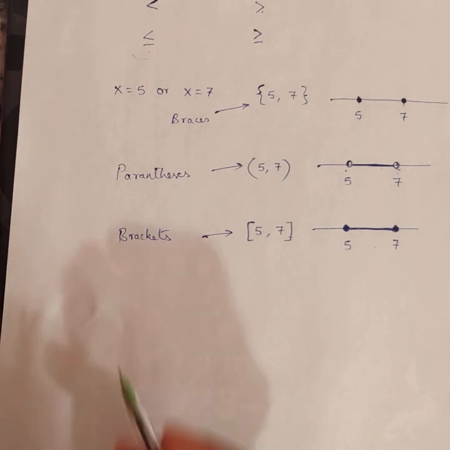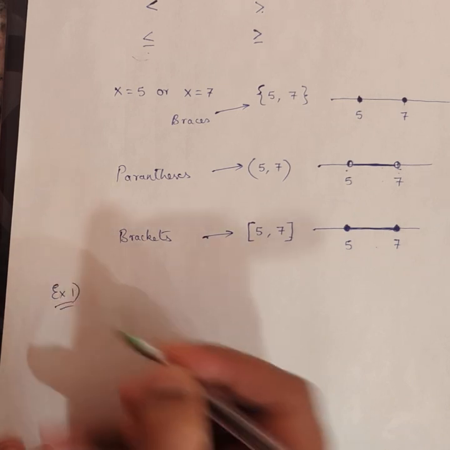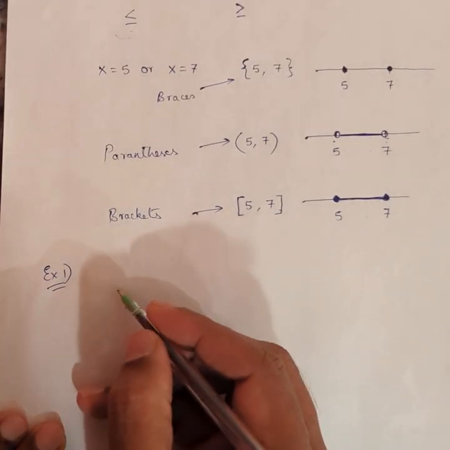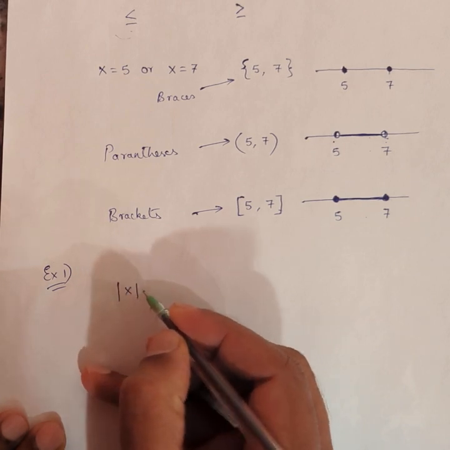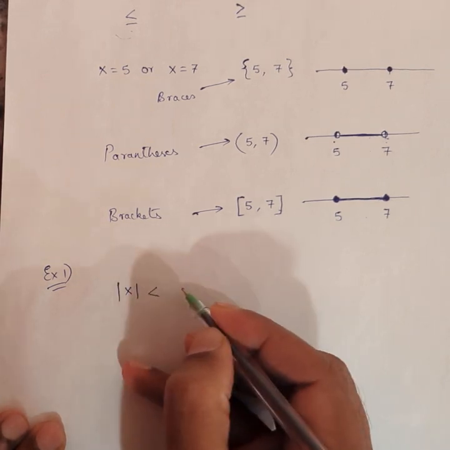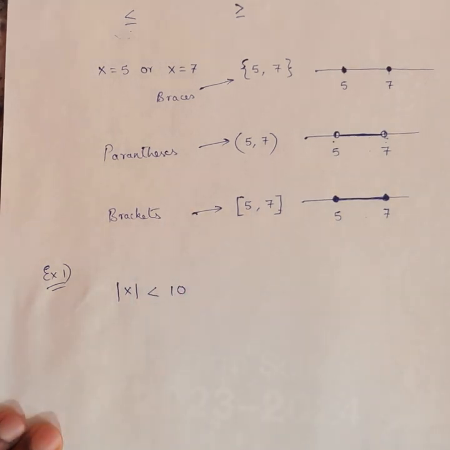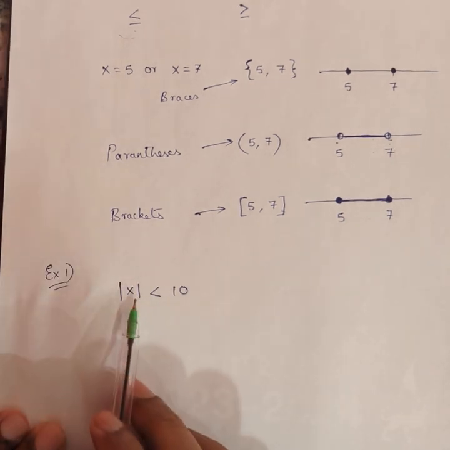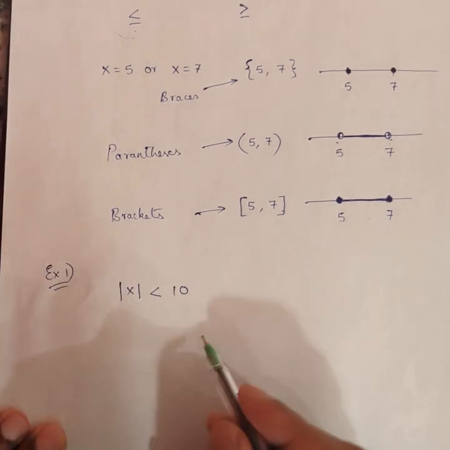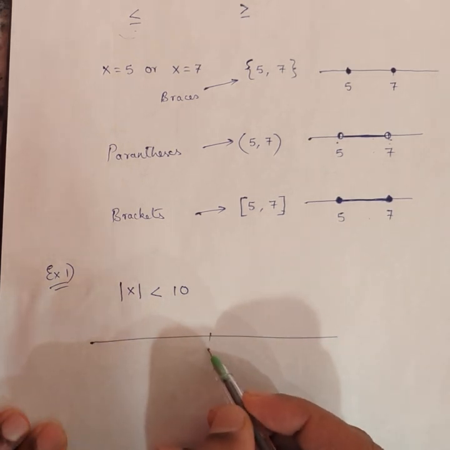Now let's think about solving an absolute value inequality. Say I have this inequality: absolute value of x is less than 10. So how would I solve this? Well, the idea is that on the number line, I have a 0 somewhere.